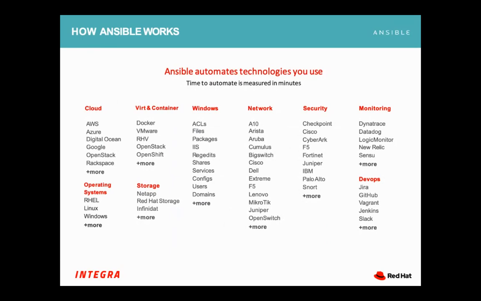It can work with Docker, OpenStack, and OpenShift. It can work with various storage, network infrastructures, and security implementations. It can also help you automate tasks with monitoring technologies like Dynatrace, Datadog, and DevOps workflows like Jira, GitHub, Vagrant, etc.